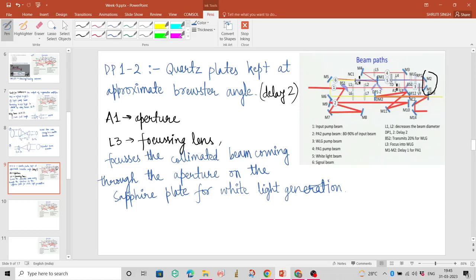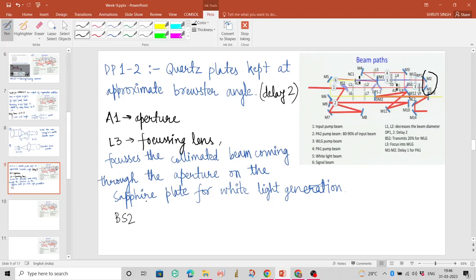Now after L3 we have this beam splitter BS2. BS2's job is again, as a beam splitter, it will reflect some part and transmit some part.